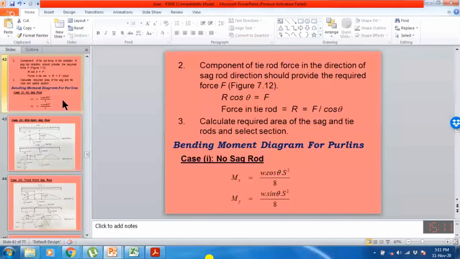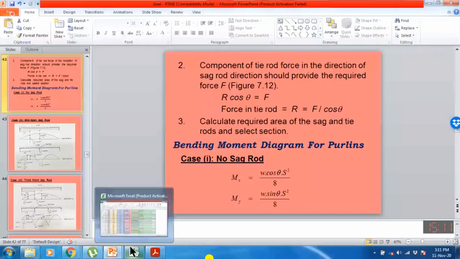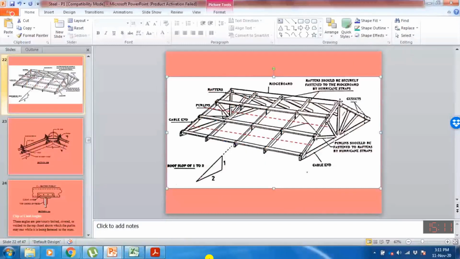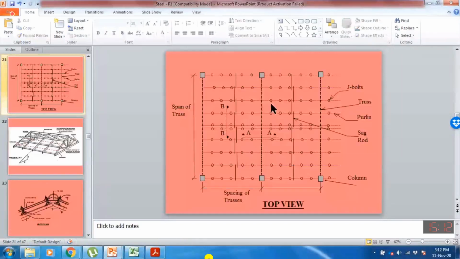At the start, we are designing our purlin without a sag rod. Without a sag rod means that there is only this truss and also this truss. We are not having these staggered 1, 2, 3. It means the purlin is only braced or connected at the ends when we are considering bending about the x-axis and also about the y-axis.